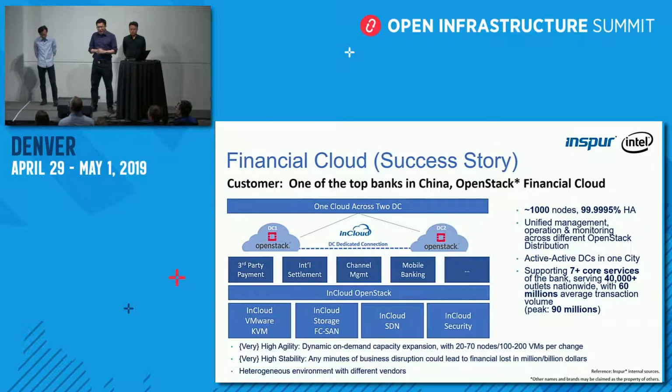We also built active data centers in one city and a disaster backup center in another city, about 1,000 kilometers from the other two, and a cascaded monitoring architecture was also implemented to provide a unified monitoring view.